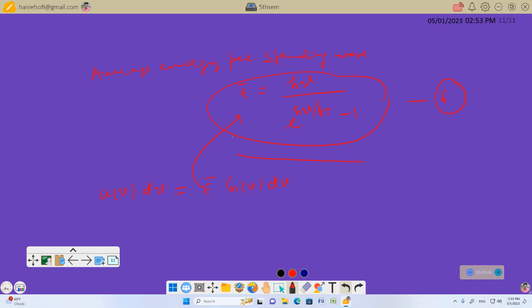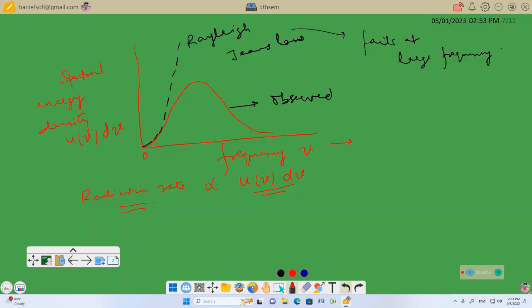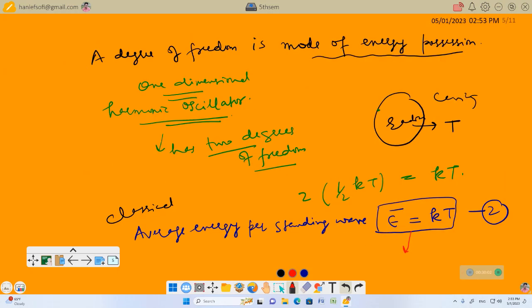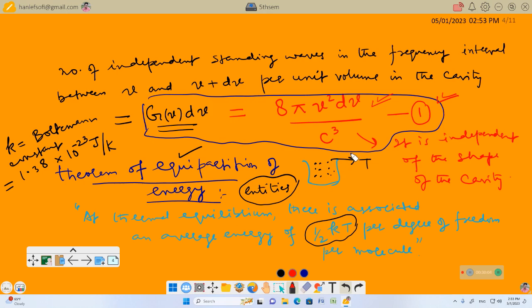You have to put epsilon bar from equation 6, that is the average energy per standing wave, and G nu d nu from the previous equation which we used in the case of Rayleigh-Jeans law, this one, equation 1.